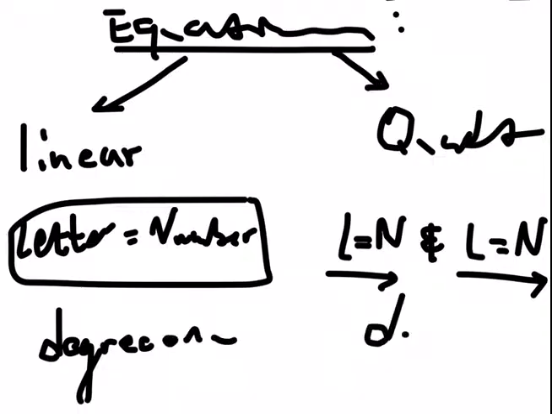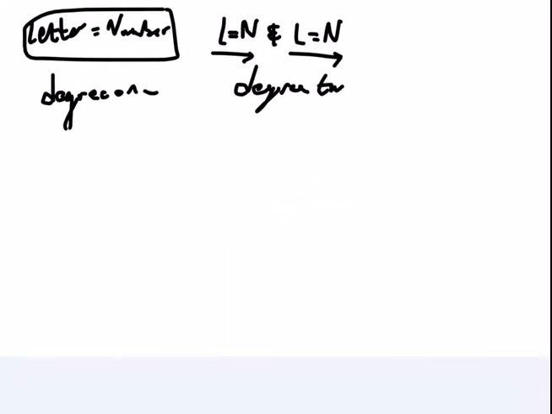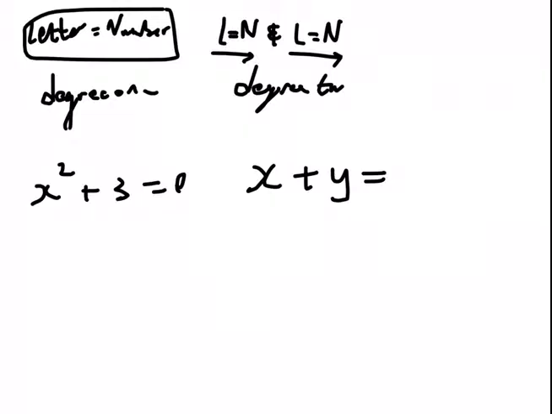So this other one would be something of degree 2. How so? Okay, let me explain. If you have x squared that you plus with 3 equals to 0, and then here we can still say x that you plus with y, maybe it's equals to 1.